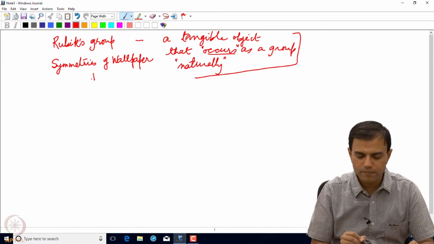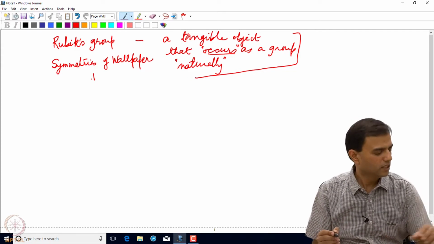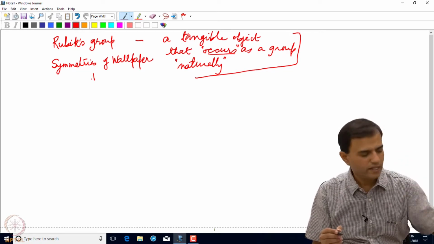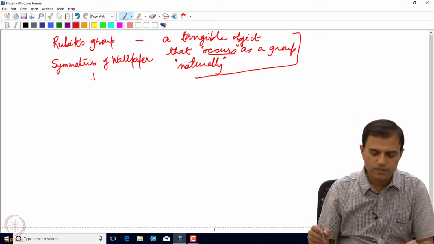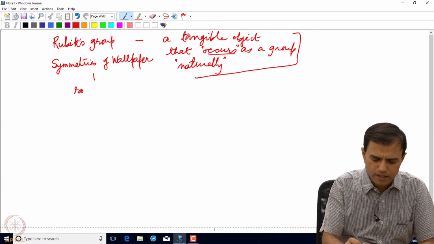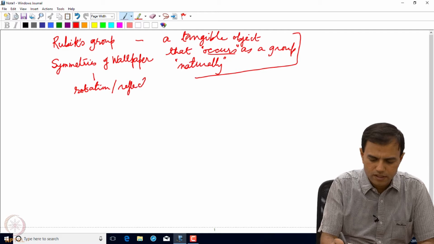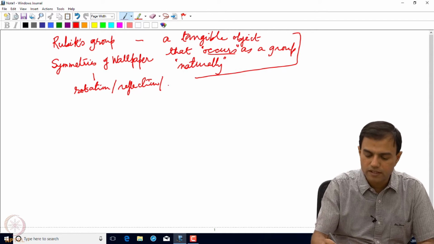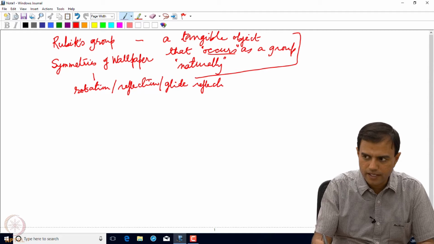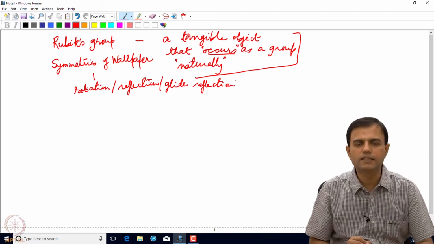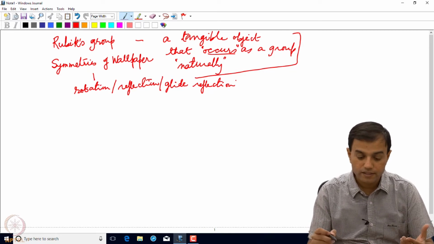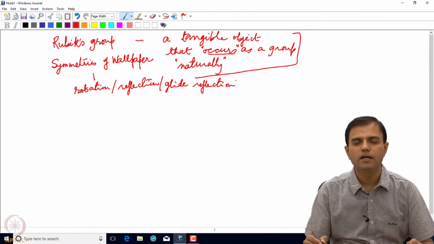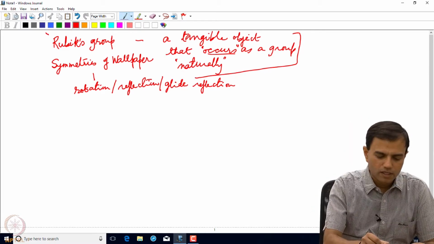Similarly, symmetries of wallpapers, given the wallpaper pattern, given say one tile, you have so many symmetries. So for example, rotation, reflection, and other things that I mentioned last time, glide reflection, all these things are there, and just through one picture you can understand about a group.